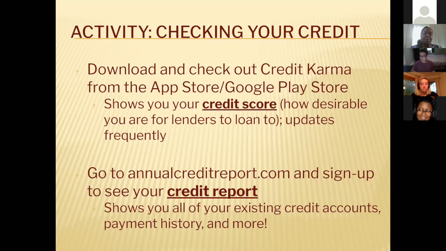Credit Karma, also, because there are 3 different credit bureaus, TransUnion, Experian, and, oh gosh, the third one, Equifax, they all may have a different score for you. They're generally within a couple of points, but they all calculate things differently.